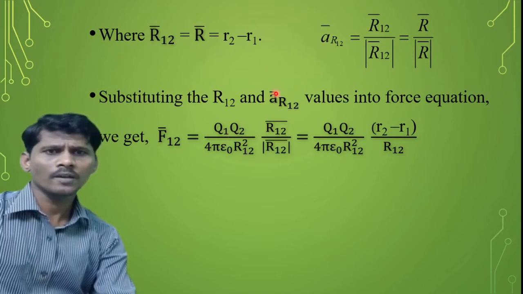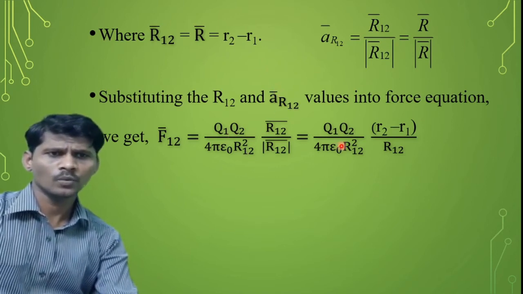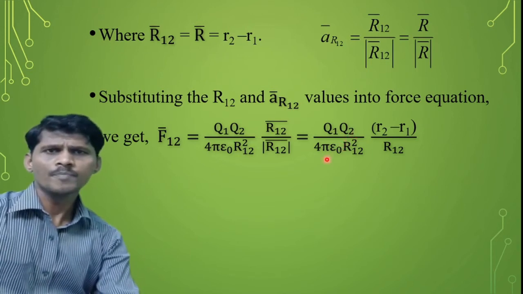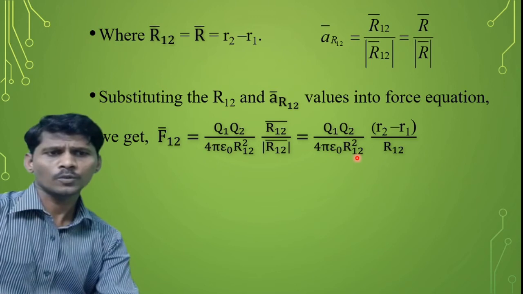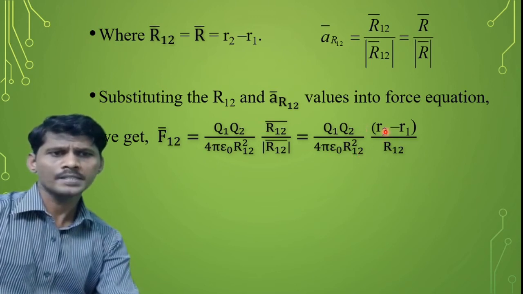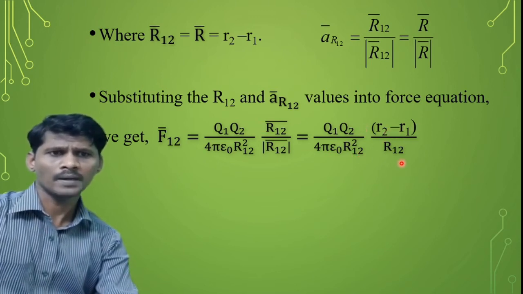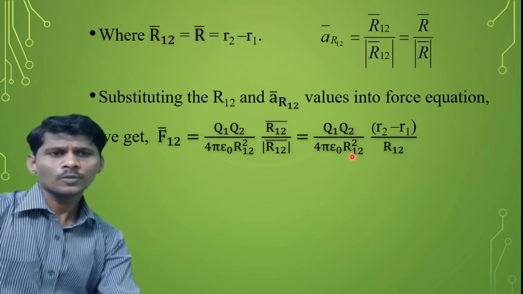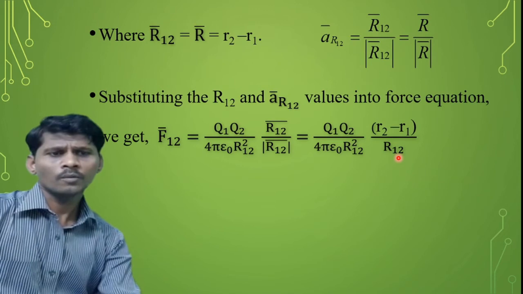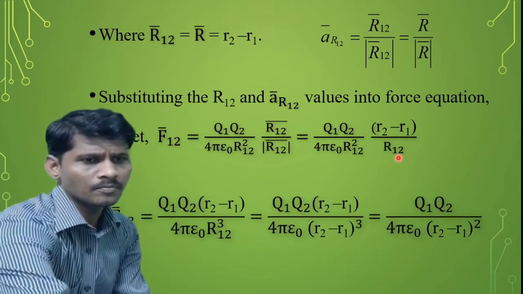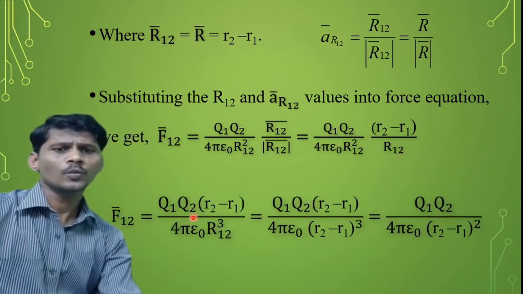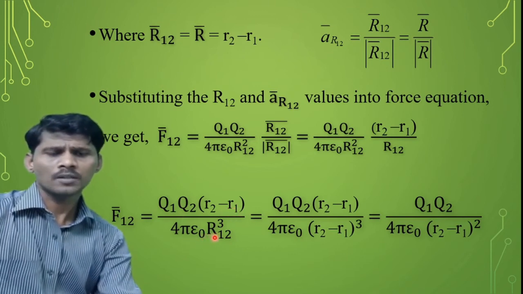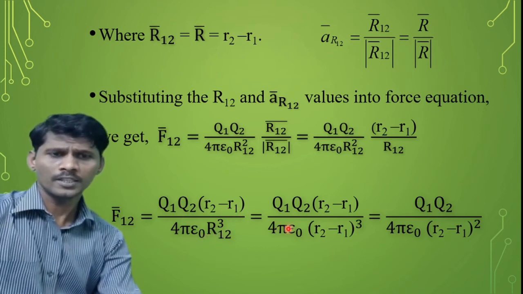Substituting all these values, we get Q1 Q2 by 4 pi epsilon naught R12 square into (R2 minus R1) by R12, that is Q1 Q2 (R2 minus R1) by 4 pi epsilon naught R12 cube.